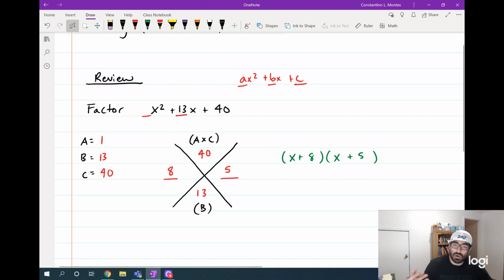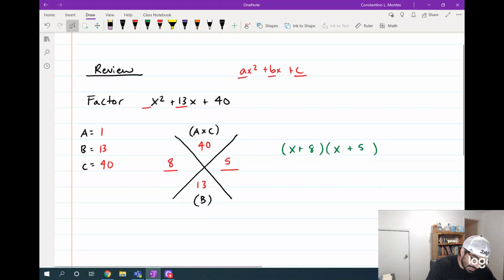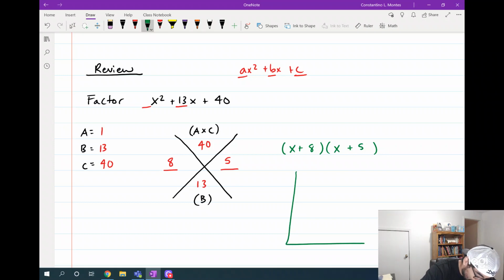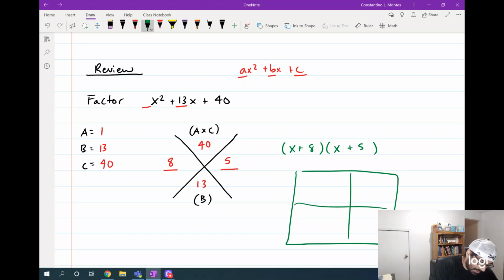Now, if you wanted to check your work, we can always do that by multiplying this out using our area model that we did last week. Again, we're just checking.